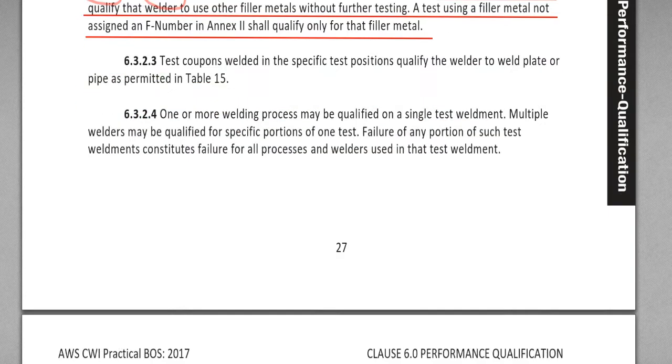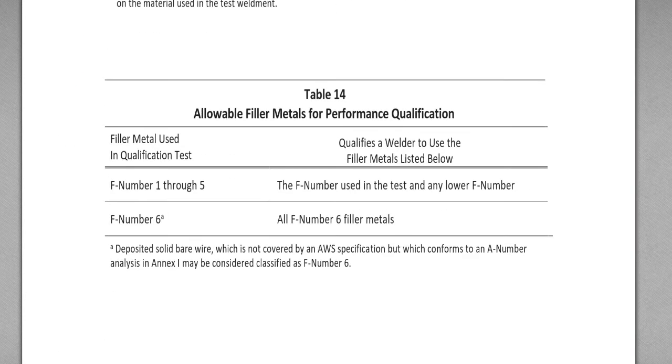Let's go to Table 14 and see what it says. Table 14 is filler metal for performance qualification. For the filler metal used in the qualification test, the PQ test, it qualifies the welder to use the filler metals listed below. So for F number 1 through 5, the F number used in the test and any lower F number.